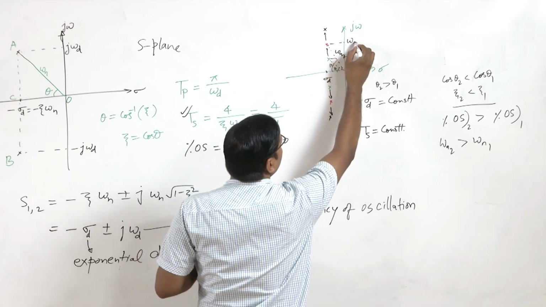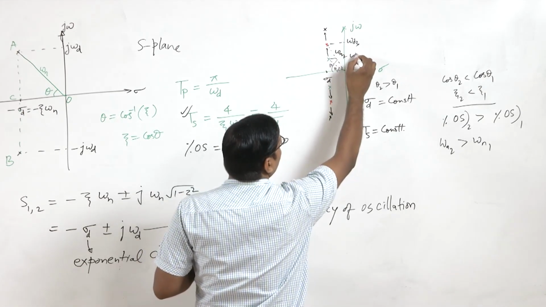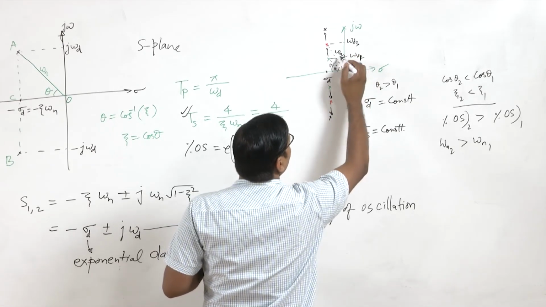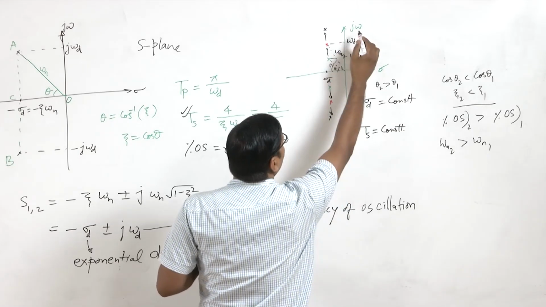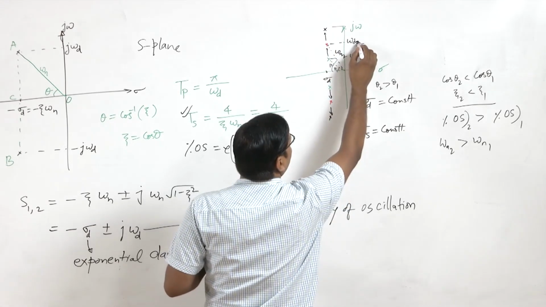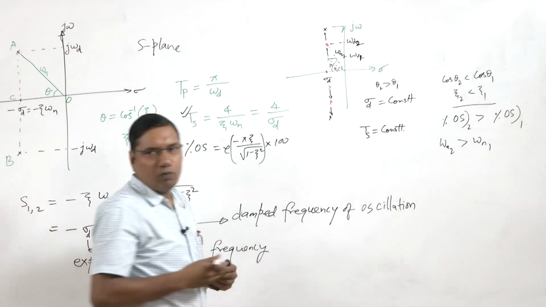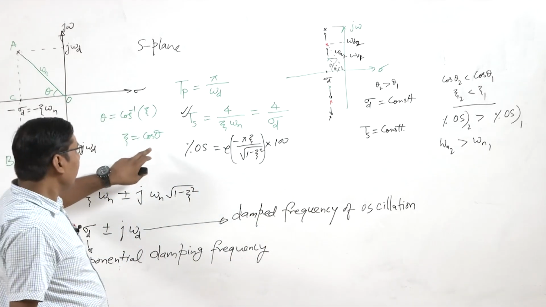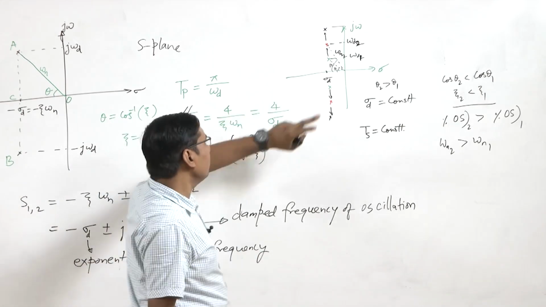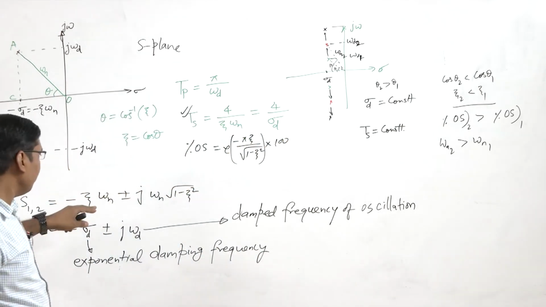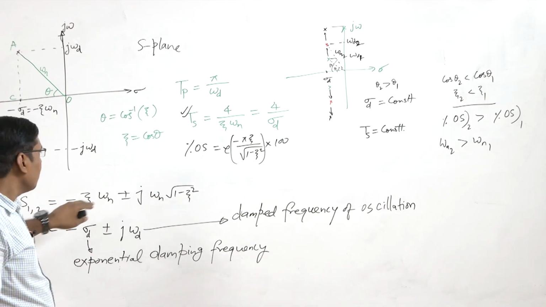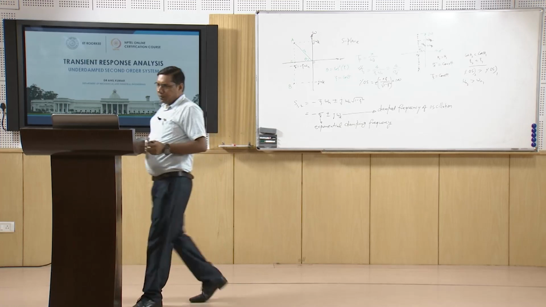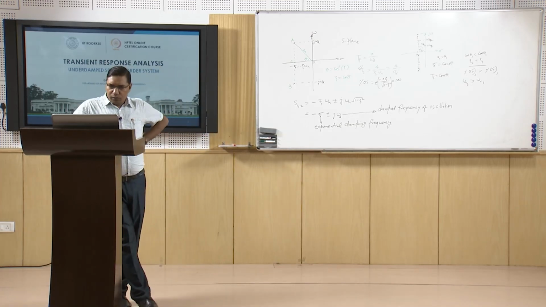Here is omega d 3, omega d 2 and omega d 1. So omega d2 is greater than omega d1. So peak time will decrease for the last one, because omega d3 is even greater than omega d2. So peak time is inversely proportional to omega d. So here peak time is decreasing.